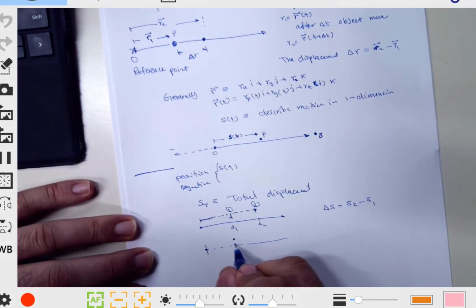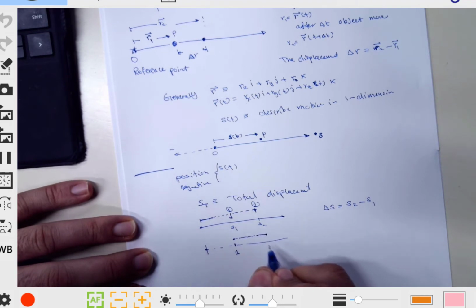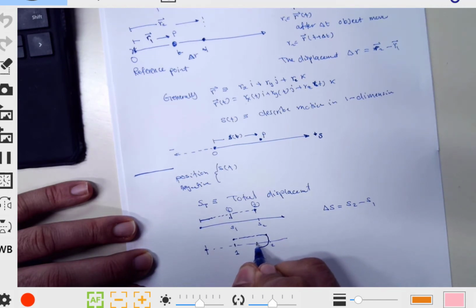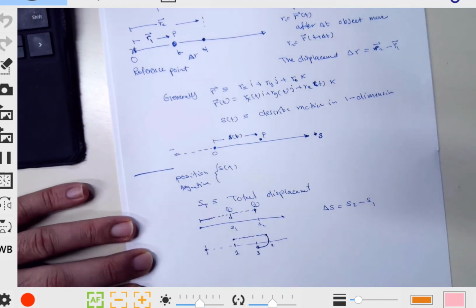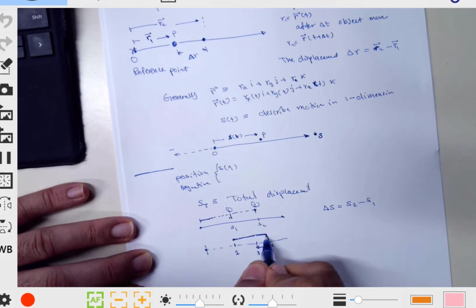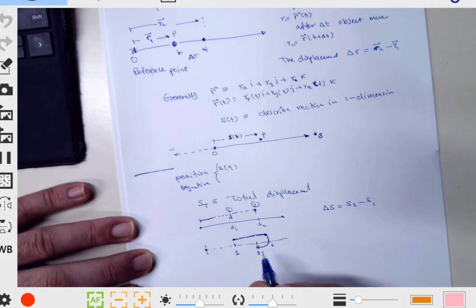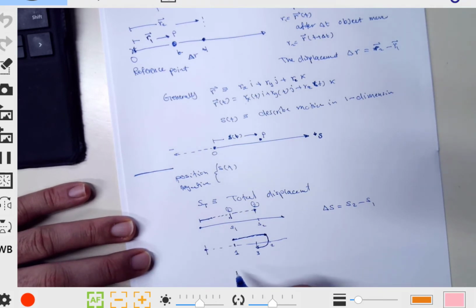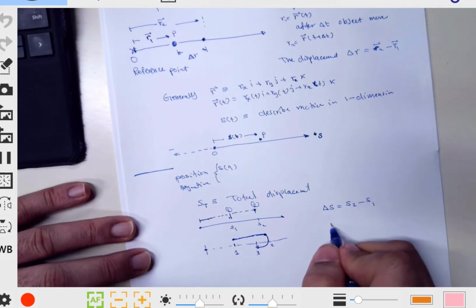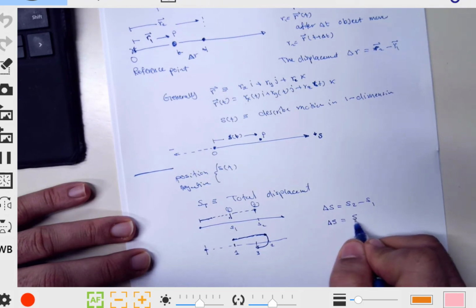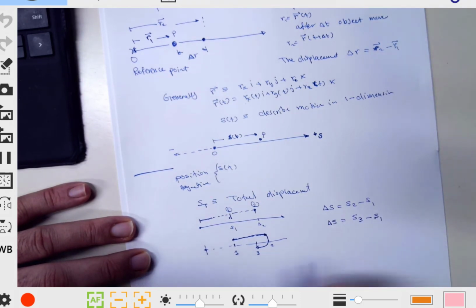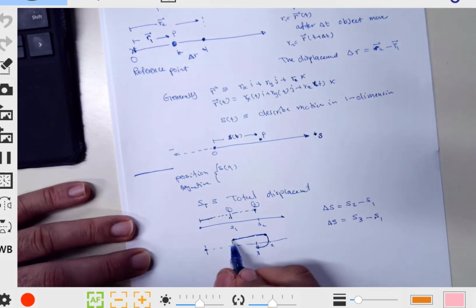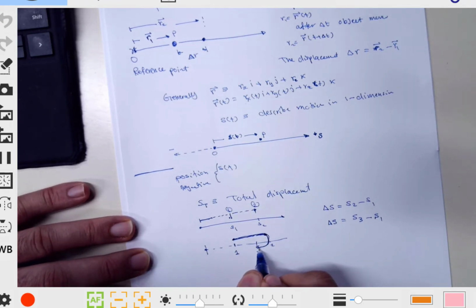And then this particle is moving. It stopped here at position 2, and then it changed direction and went back to position 3, right? Now, if I ask you what is the displacement between the initial and final, so initial is 1 and final is 3, the displacement is simply S3 minus S1. If I ask you to find the total distance traveled by this particle, you're going to tell me, yeah, this is the total displacement, right?